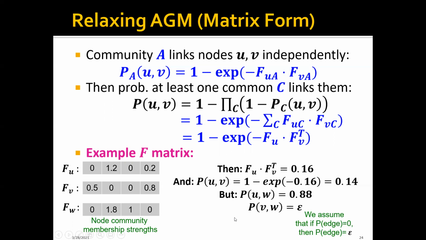Similarly, we can compute the probability of node v and node w being linked together. Looking at this F matrix, these two nodes don't have any common communities. Therefore, we will set the probability to epsilon.